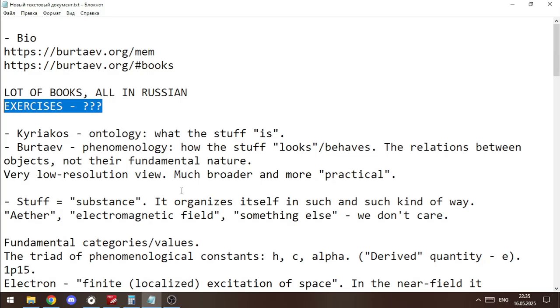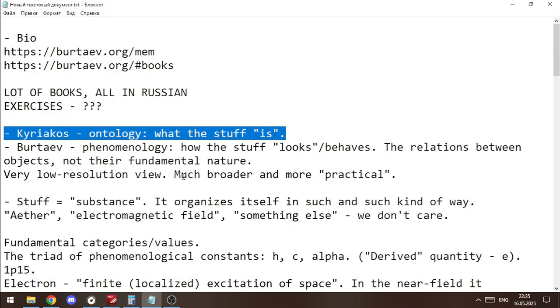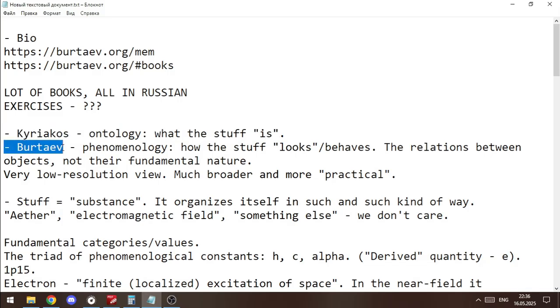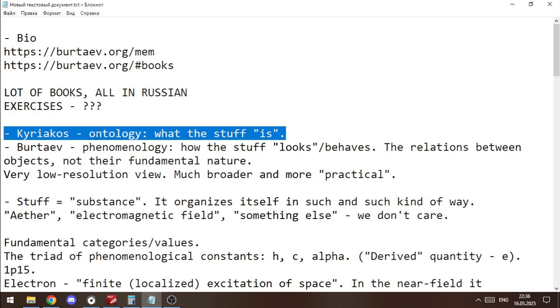All right, so we previously talked about, I'm gonna link the video in the description, Kyriakos' model of elementary particles as Kelvin-esque knots, okay? So I would claim, in order to explain to you better what Burtaev is doing, that Kyriakos was focusing on ontology. That is what the stuff is, right?